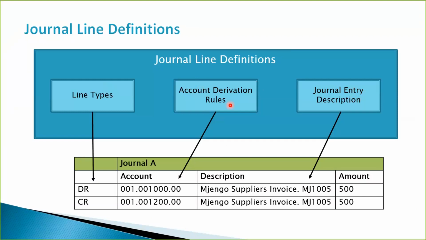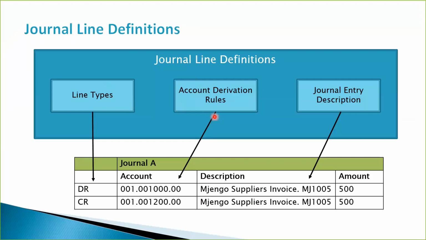But of course, you can tell that the account derivation rules have to be associated somehow with the line type. For example, if the line type is an expense line, then the account that is going to be associated here has to be an expense account.